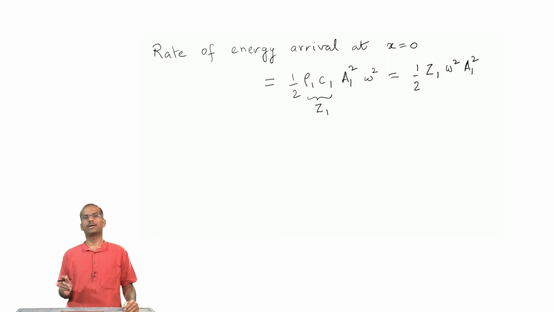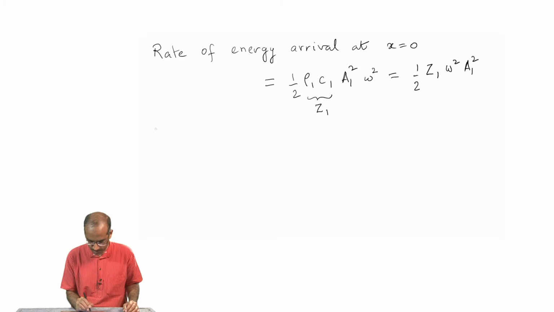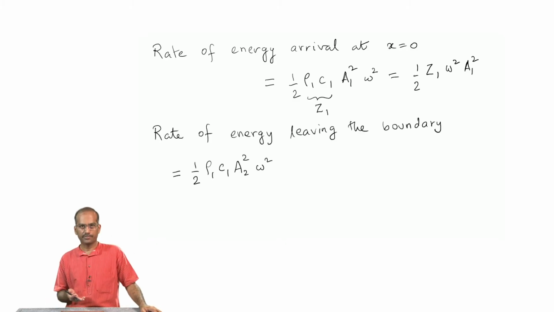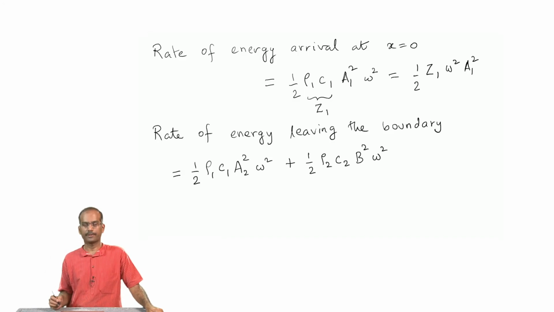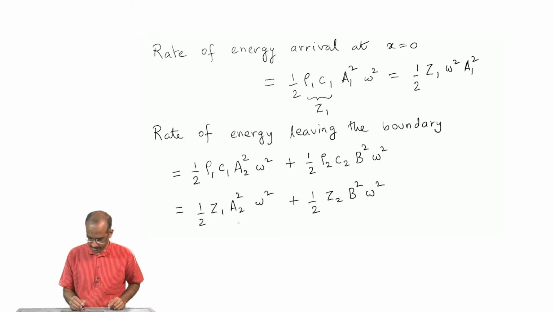Then I should be able to calculate the rate at which energy leaves the boundary, and following the formula that we had written down earlier, that would be half rho 1 c 1 A2 square omega square plus, of course, this part was for the reflected component. Now, I will write the energy for the transmitted component. So, that would be half rho 2 c 2 B square omega square.